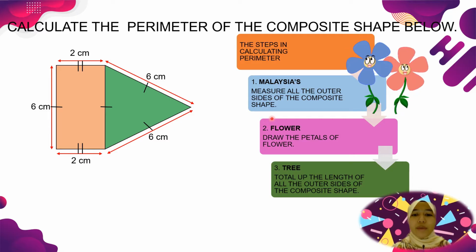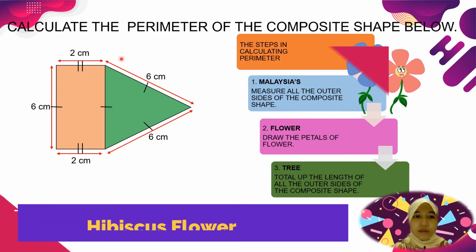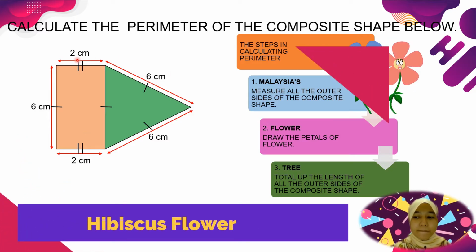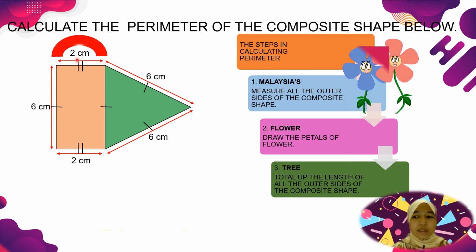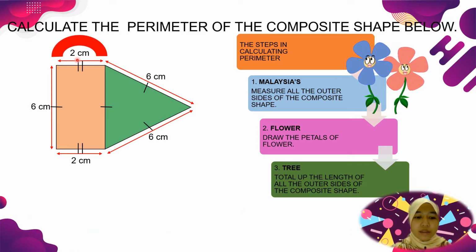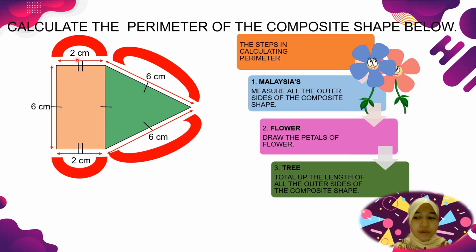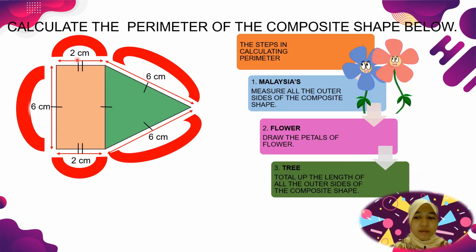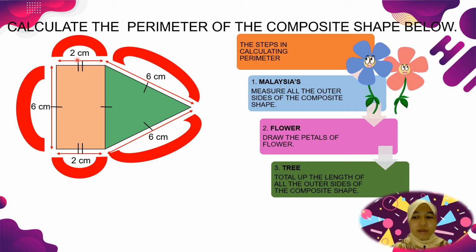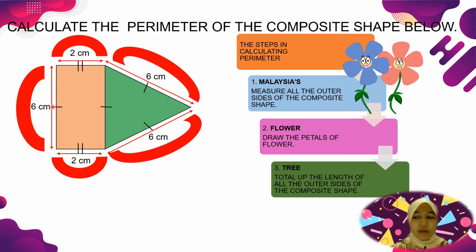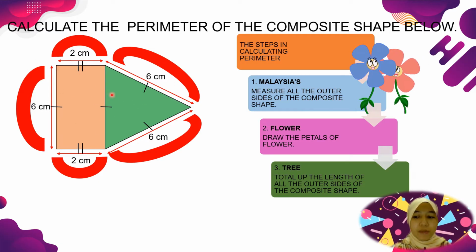We will draw the petals of the flower starting from the top. Okay, 1, 2, 3, 4, and 5 petals. So we have 5 petals on all the sides of the diagram that we want to measure.